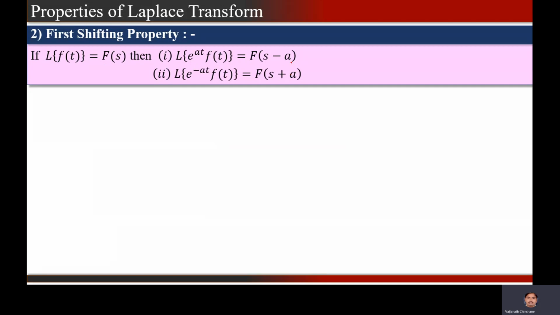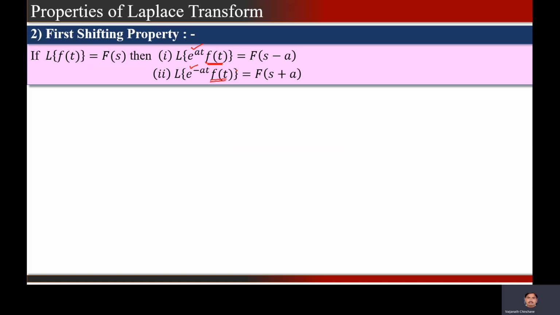So see student, whenever we multiply any function f of t by e raised to at or e raised to minus at, in that case only we use the first shifting property, right?